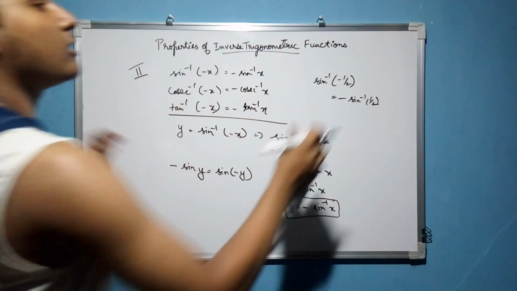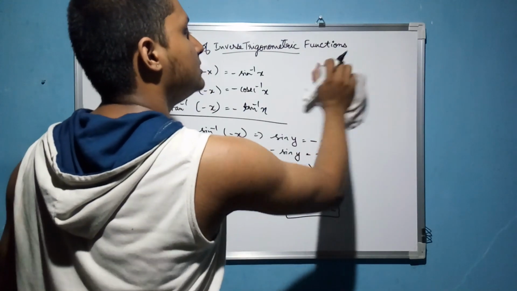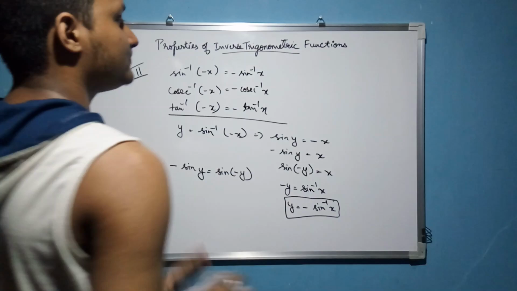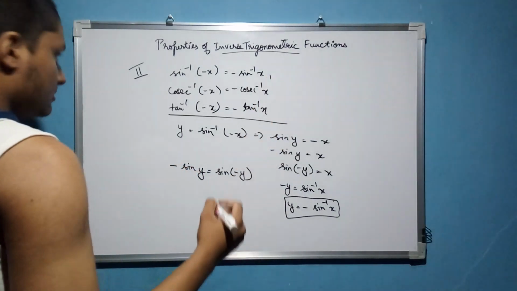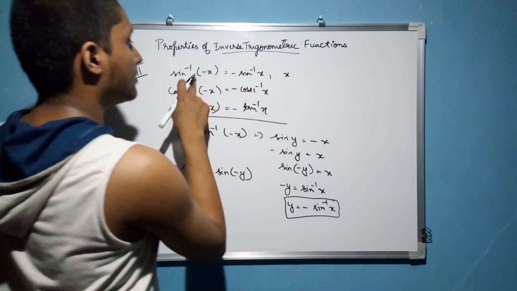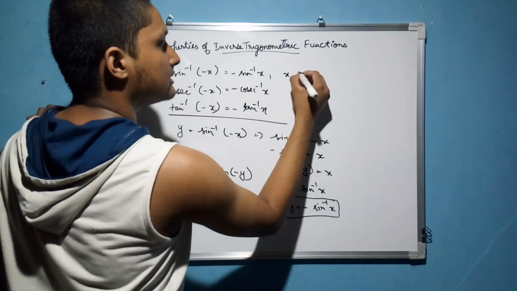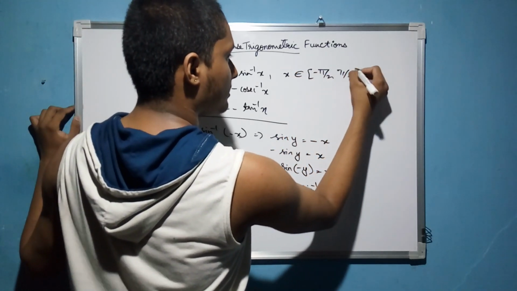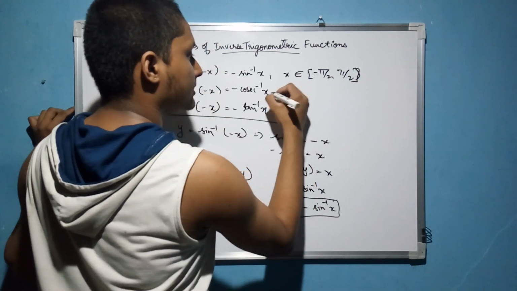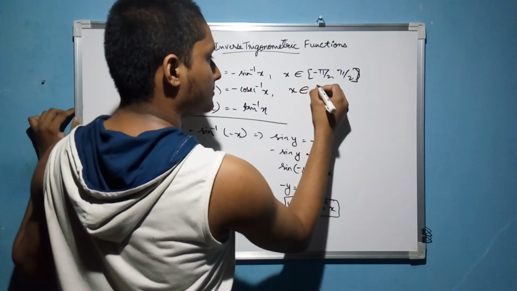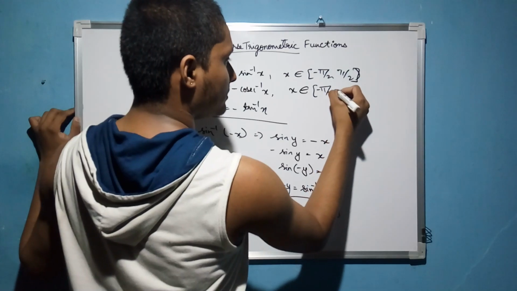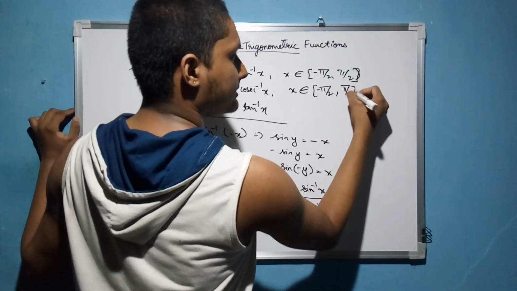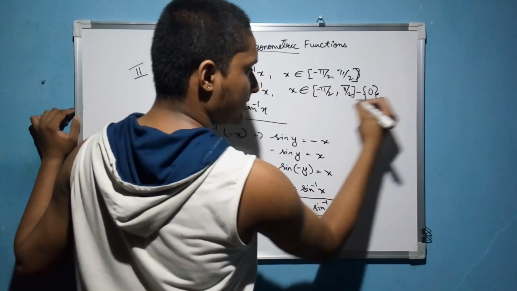Okay. Here, always in these inverse trigonometric functions, you need to be very careful about the domains. So here x belongs to minus pi by 2 to pi by 2. Here you are going to have x from minus pi by 2 to pi by 2, excluding 0.